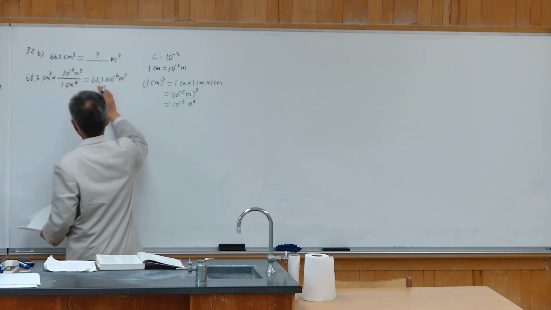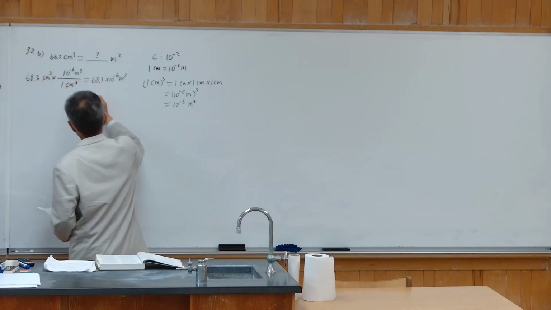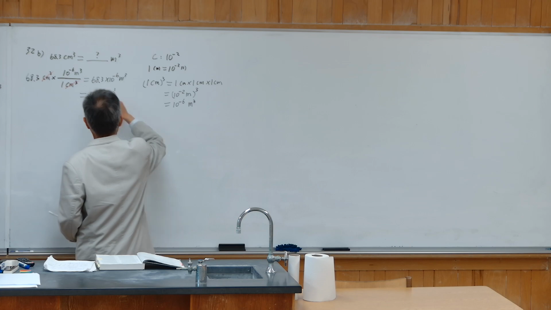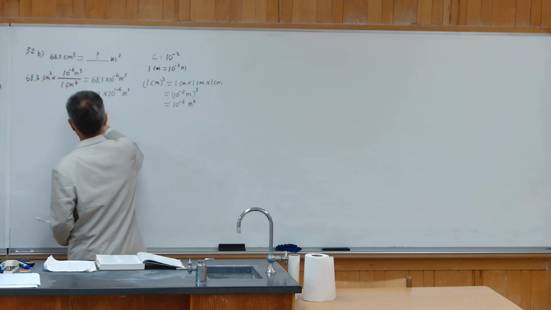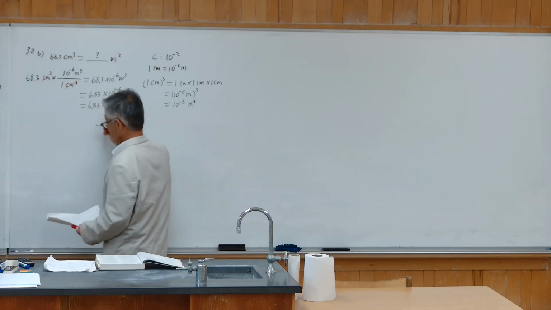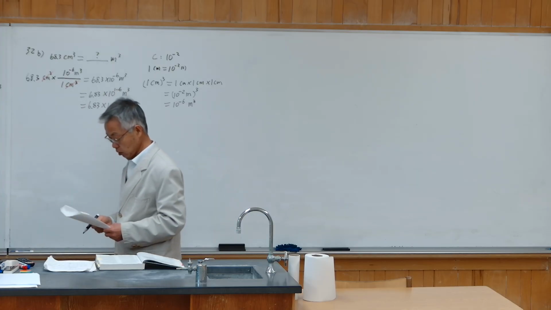And 68.3 is greater than 10, so we move 1 decimal place. This 1 decimal place is 10 to the 1, and here I have 10 to the negative 6, so 1 combined with negative 6 is 10 to the negative 5. Your final answer is 6.83 times 10 to the negative 5th power cubic meter.